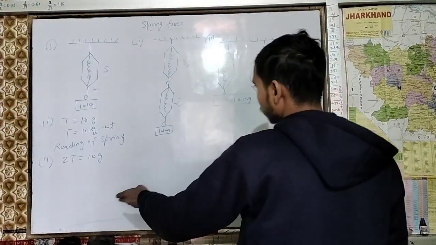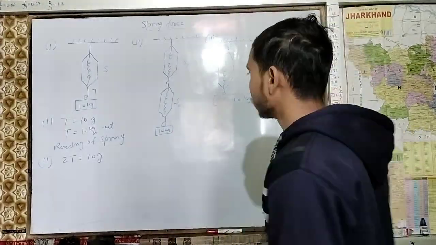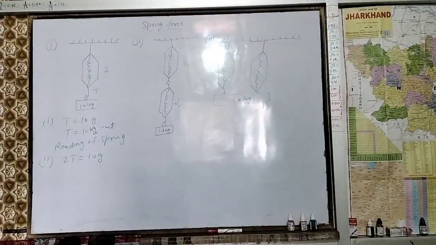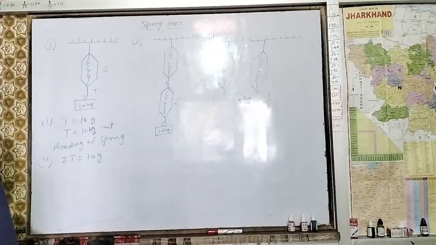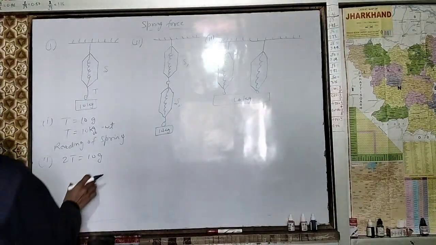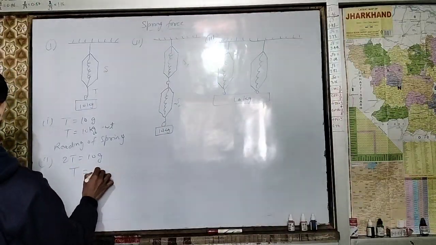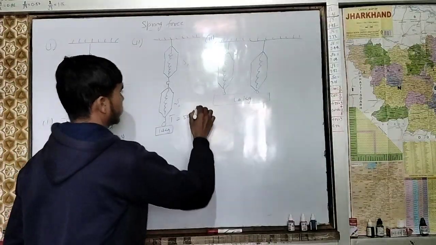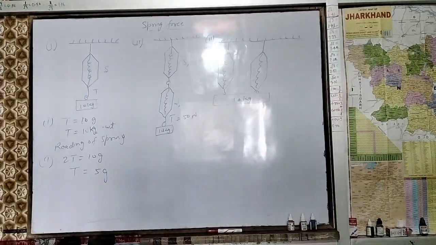Right now we have two springs, so 2T is equal to 10g. There is only one object whose mass is 10, that's why we are taking 10g. So T will come out as 5g. So over here T is how much? 50 Newton. Okay. So the reading of the spring will be 5 kg.